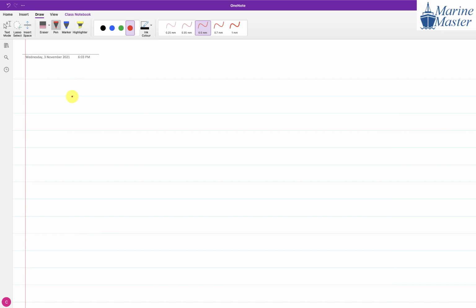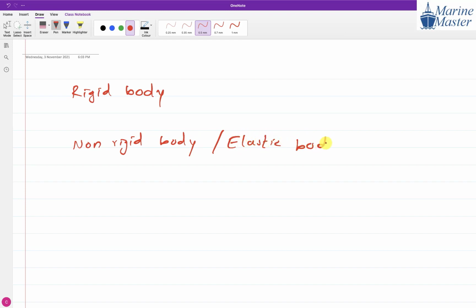One discussion is related with rigid body and another with non-rigid body, or we will say an elastic body. Whenever there is a rigid body, it means no deformation. You may have studied rigid body in your basic mechanics in first year of engineering. This is the first term, the rigid body. Rigid means no deformation, whatever the force acting. Elastic means deformation is there.